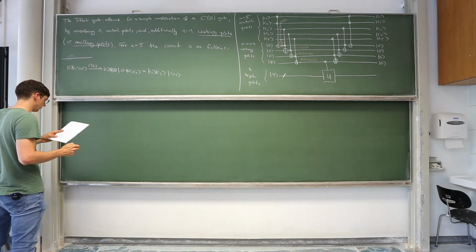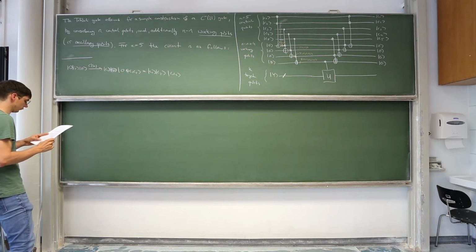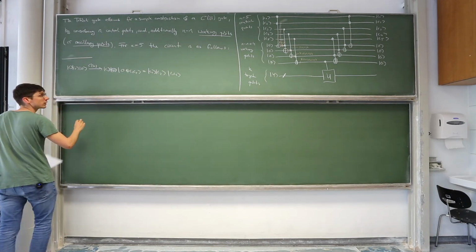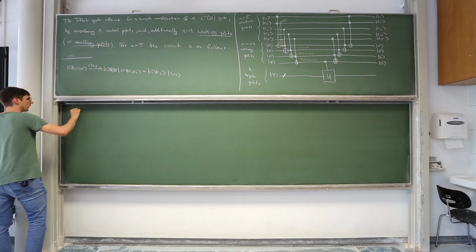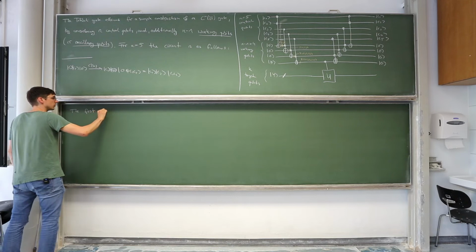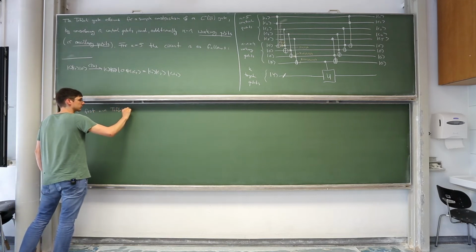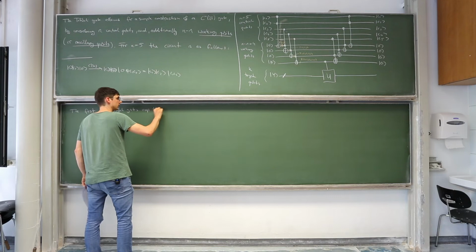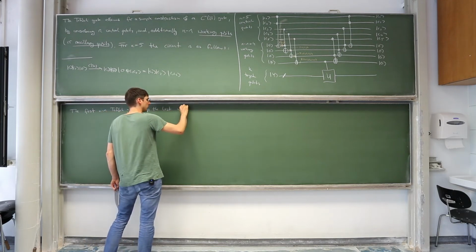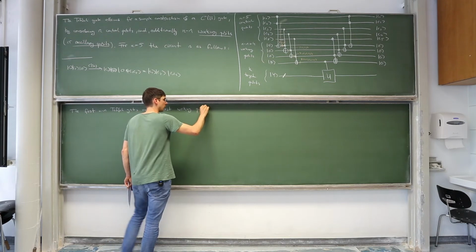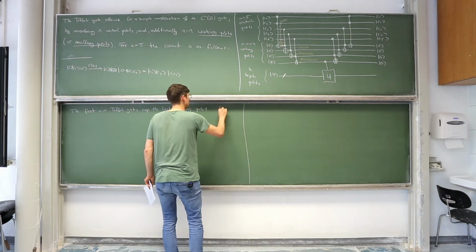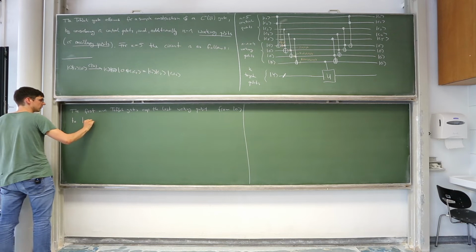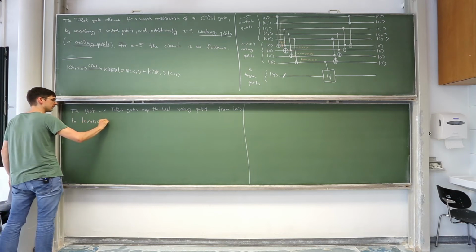So let me write this down briefly. The first n-1 Toffoli gates map the last working qubit from 0 to C1 times C2 times C3, C4, C5.